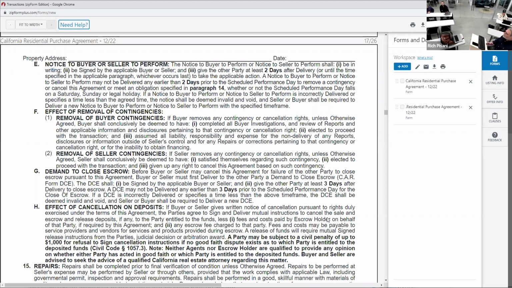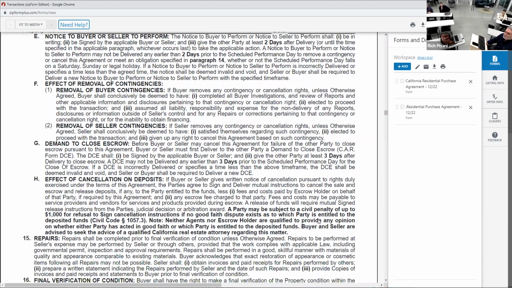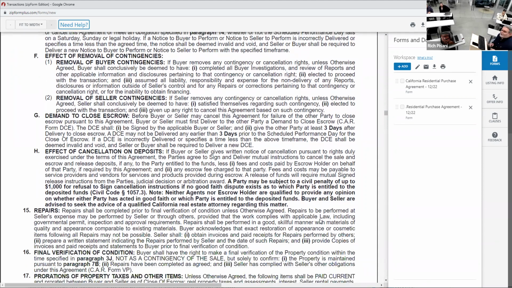It's only protecting your client's rights by giving either the notice to perform or the demand to close prior to those events happening. So 2 days prior to a contingency being up, you can give a notice to perform. 3 days prior to the scheduled close of escrow, you can give a demand to close. Very important, effect of cancellation on deposits.